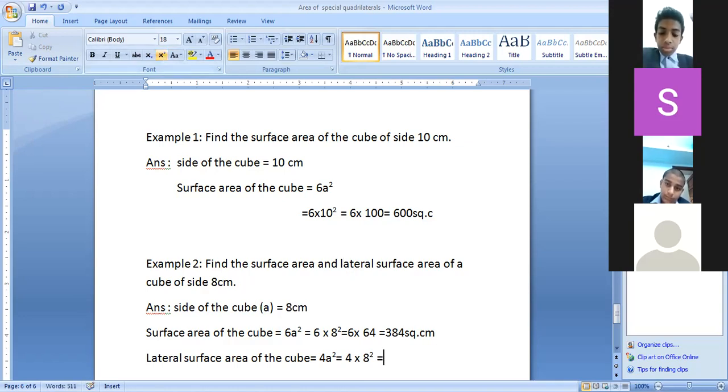Yeah, 4 into 64 will give you 256. Yep. 256 square centimeter.